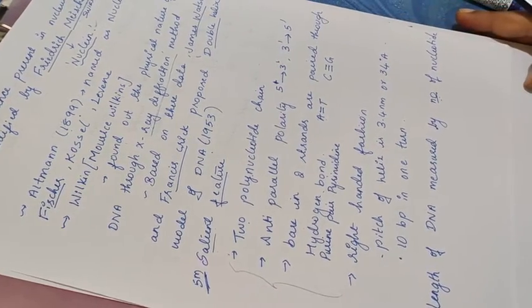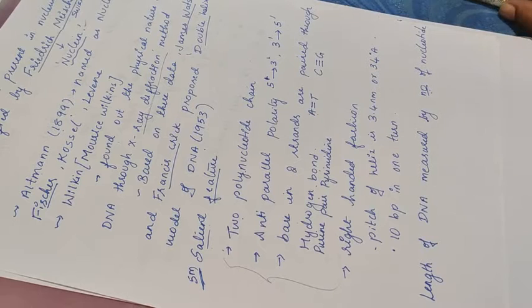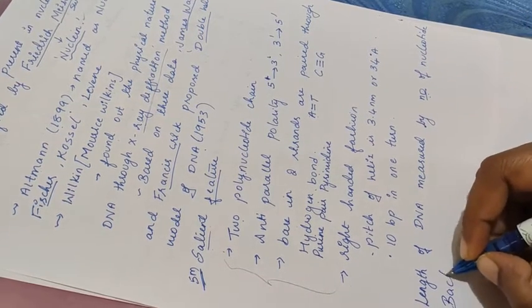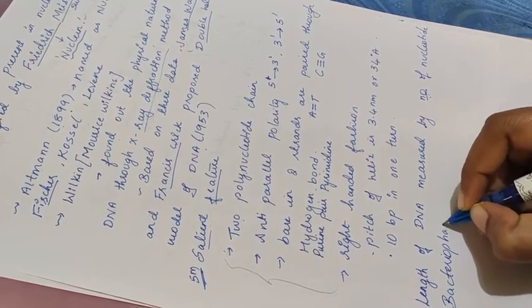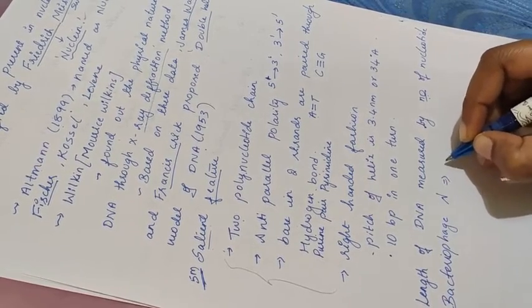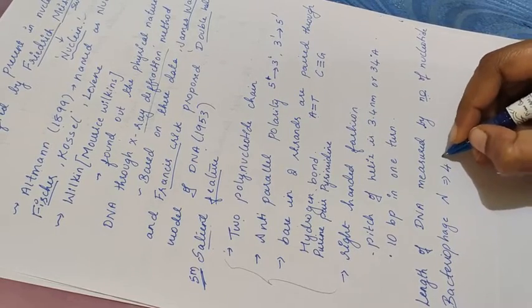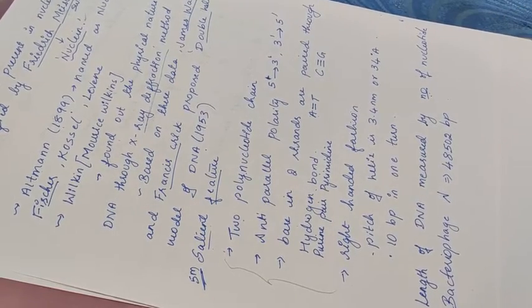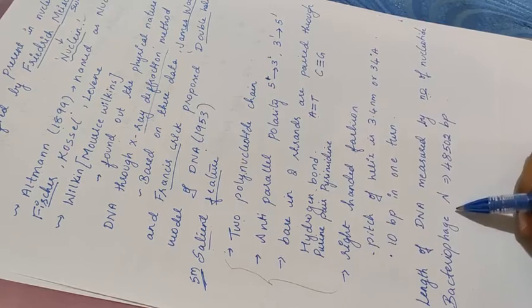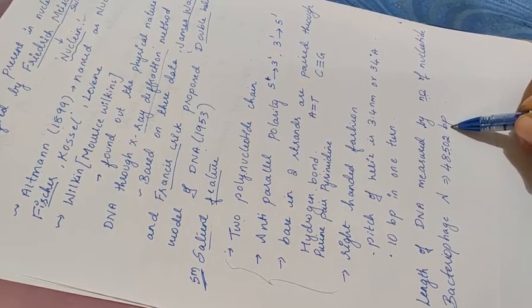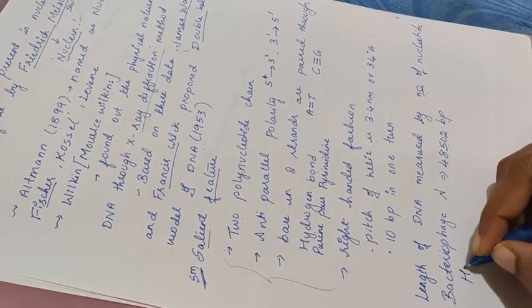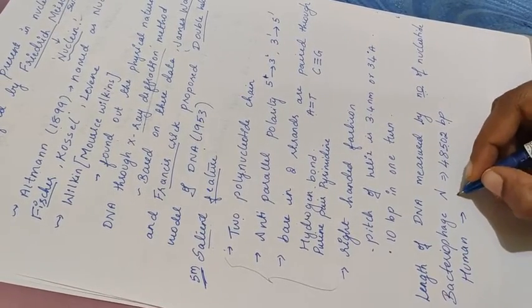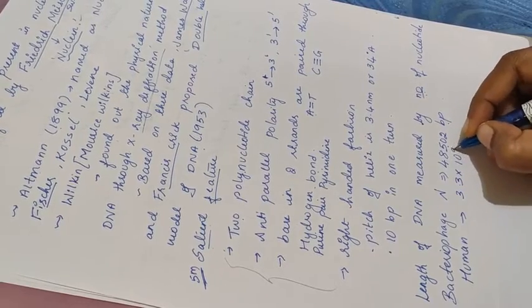Right? Now, the length of a DNA is always measured by the number of nucleotides, depending on how many nucleotides we have. For example, if you take a lambda bacteriophage, the total number of base pairs it has is 48,502. The DNA of this bacteriophage has 48,502 base pairs. Humans have 3.3 into 10 to the power of 9 base pairs.